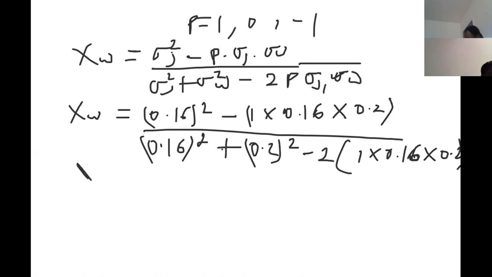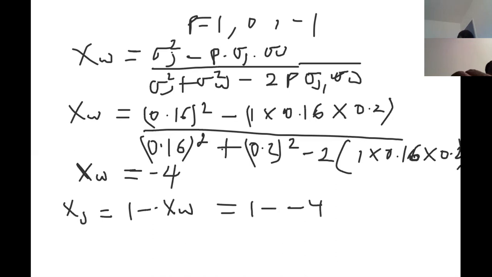Now when XW equals -4, then XG is equal to 1 minus XW, which is 1 minus -4, which equals 5, right? And we said that the sum of the weights should be equal to 1.